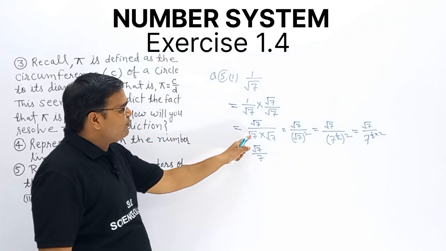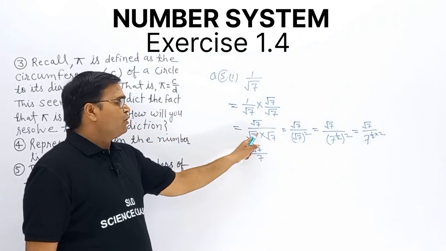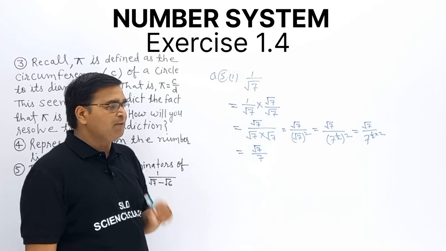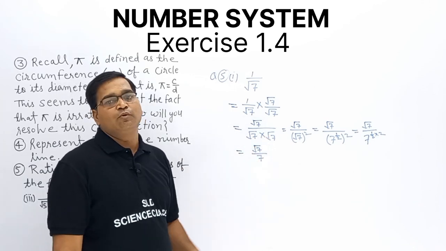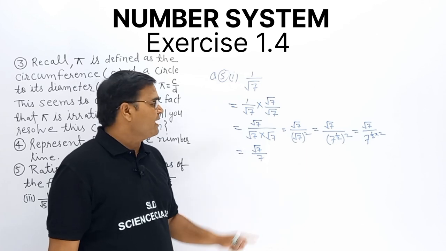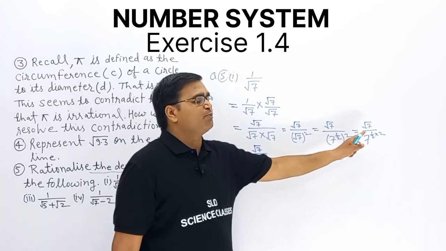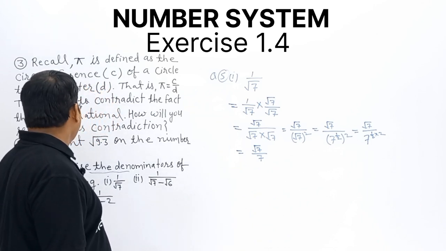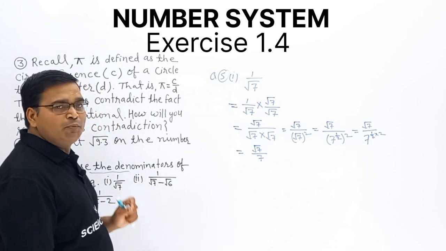Or directly we can say, if in the denominator two same roots are multiplied, then we remove the root and write the number directly. This is the exact process, and this is the solution of the first question of question 5.